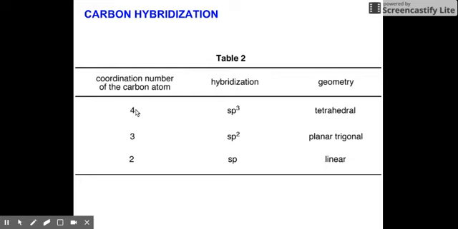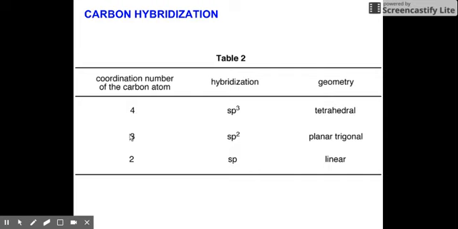So that's why you'll get sp3. An sp3 will have a shape of tetrahedral. So again, one s from carbon and all three single or half-filled p orbitals of carbon will share with all four terminal atoms.